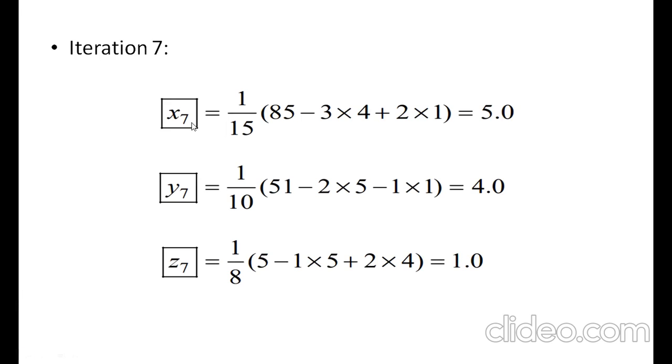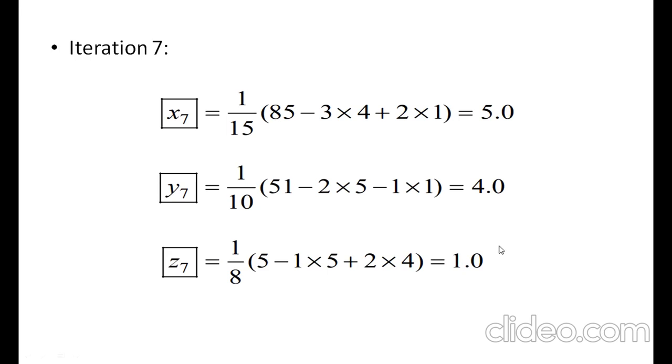As you can see, the value of x6 is equal to x7 is equal to 5, y6 is equal to y7 is equal to 4, and z6 is equal to z7 is equal to 1. Here we are getting constant answers.